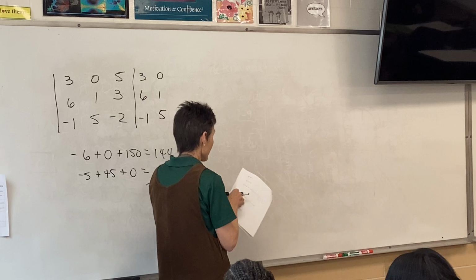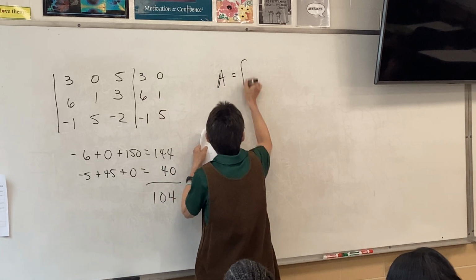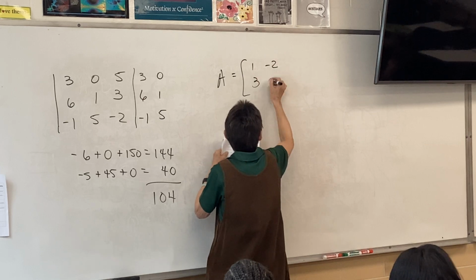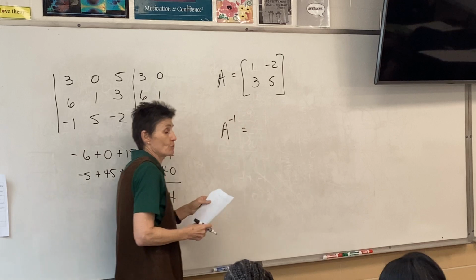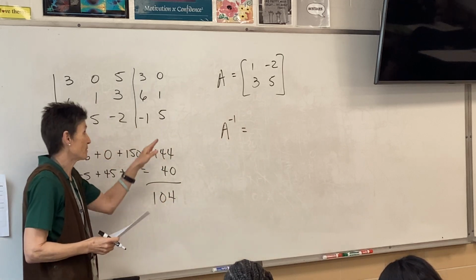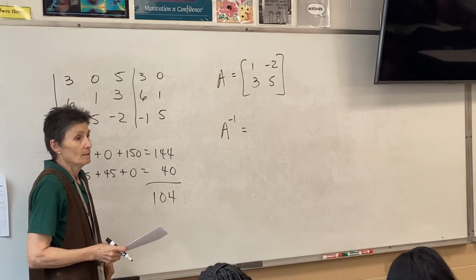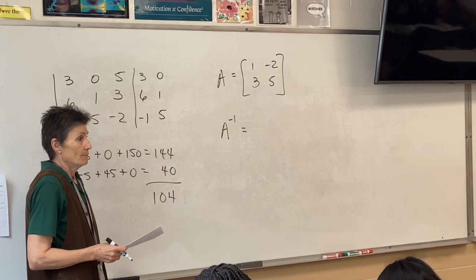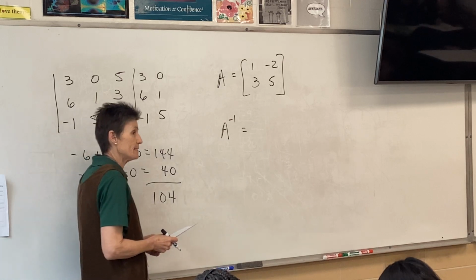So, matrix A, I'm looking at problem 4A. And here's matrix A. And my job is to find the inverse of the matrix. That's what that notation means, A inverse. Okay, now it's really easy.